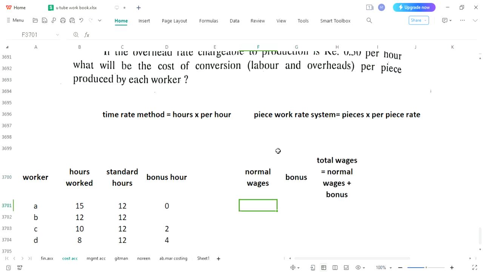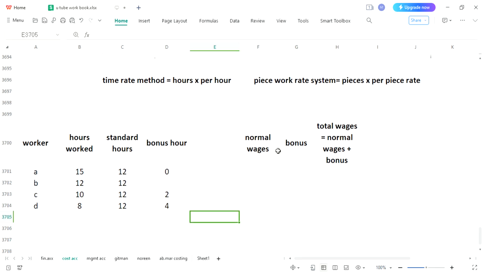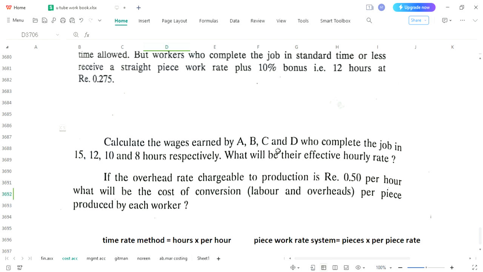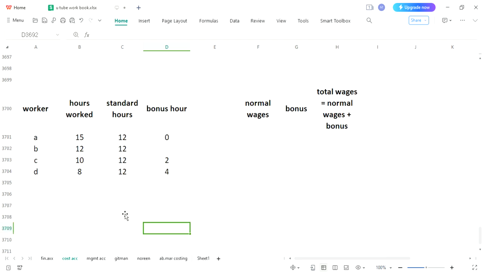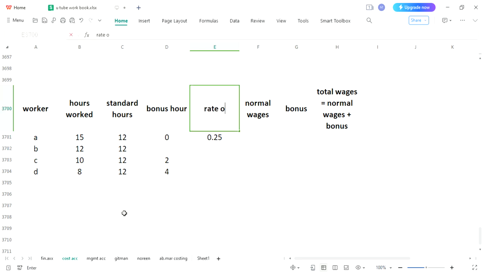As you know, the rate would be different for the person who had not completed his job within standard time. It has also been mentioned in the question, 25 paisa is the rate for the person who had not completed his job within standard time. So the first person had not completed his job within standard time, so the rate applied would be 0.25 paisa. So this would be the rate of wages.